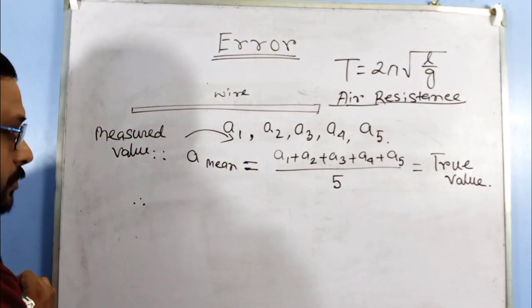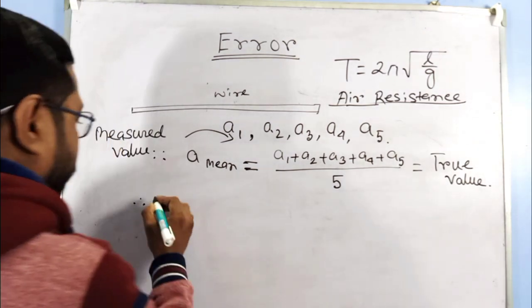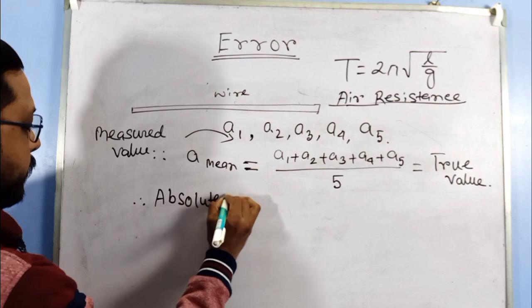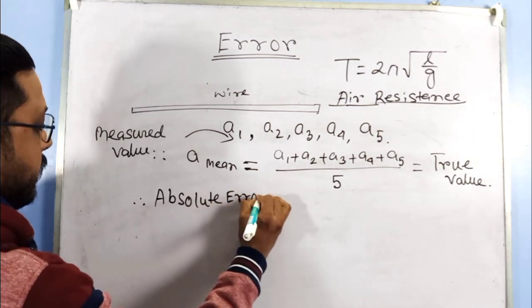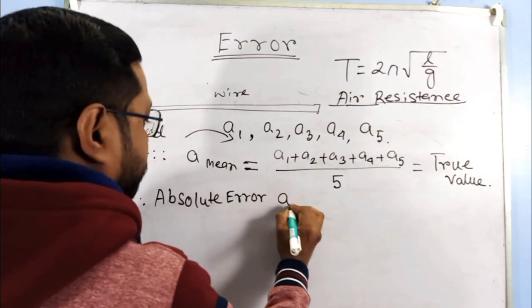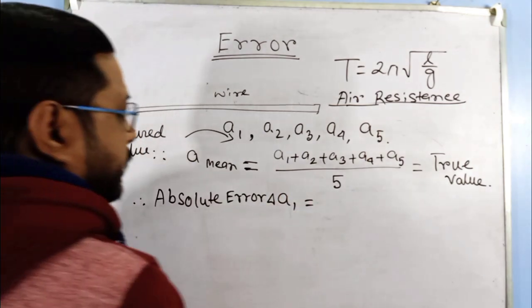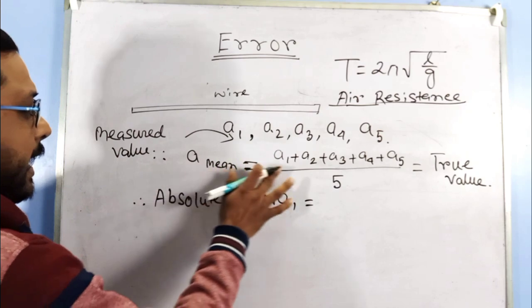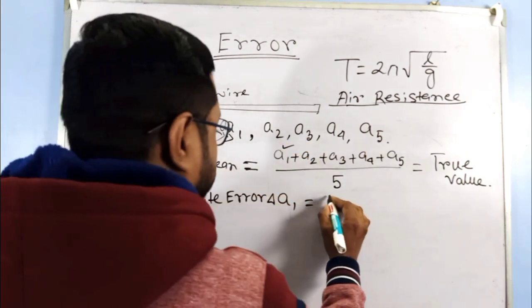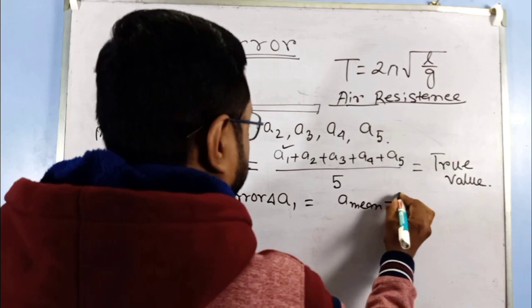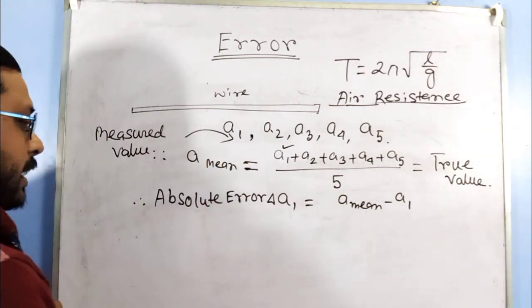Now if we take absolute error in A1, that is delta A1, it is given by the difference between the mean and the measured value, that is A mean minus A1.